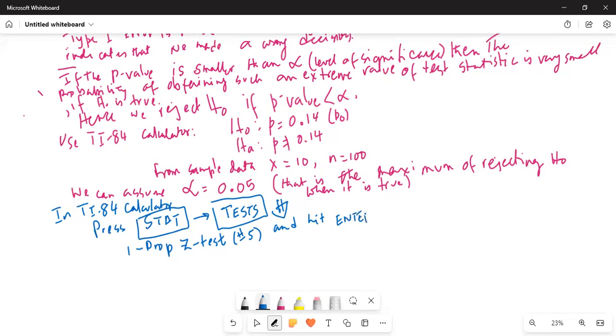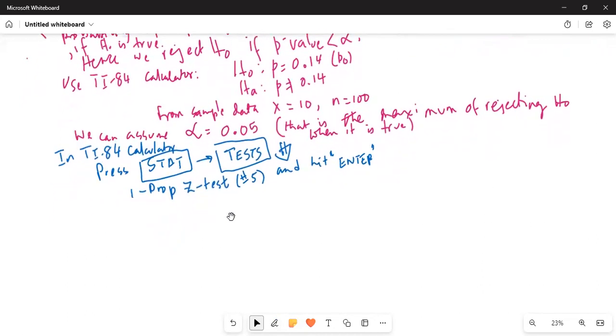Then you will be asked to enter some sample statistics. So p0 is 0.14, x is 10, n is 100, and the fourth line is your alternate.